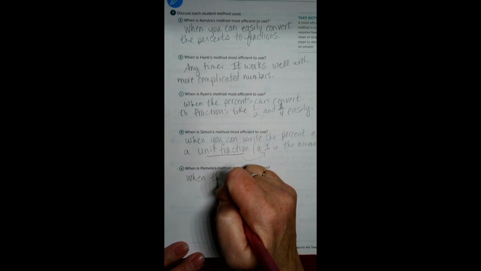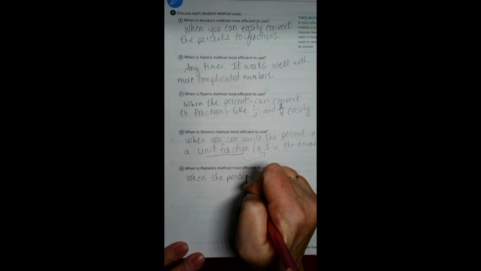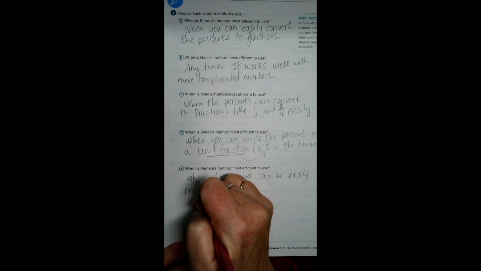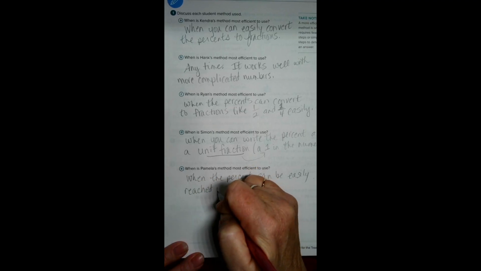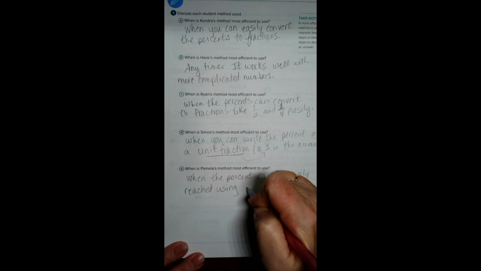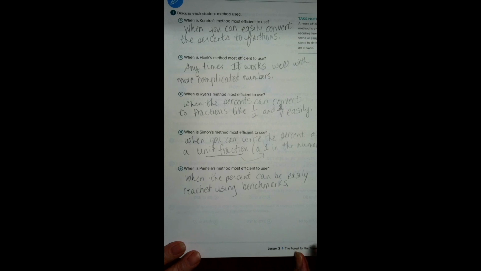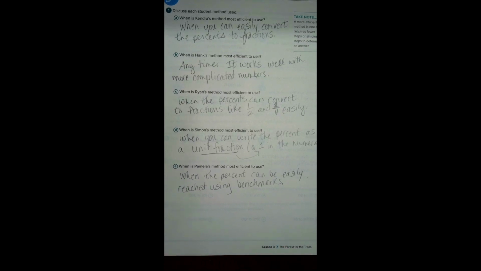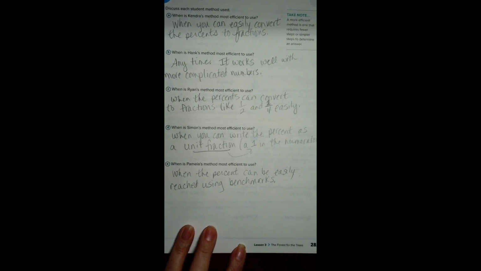And the percent can be easily reached using benchmarks. Okay, and we're going to move on. We'll let that sit there for a second so you can finish copying it.